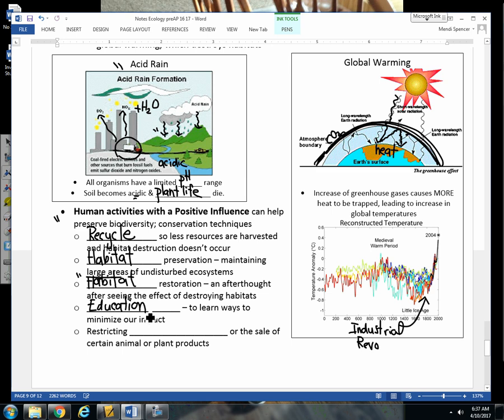It's important that we learn ways to minimize our impact, and we educate other individuals or other countries besides ours so that they know things like poaching rhinos to cut off their horns to grind up is not going to be able to affect some of the diseases or the afflictions that they have. And we can restrict hunting and the sale of certain animal products and plant products.